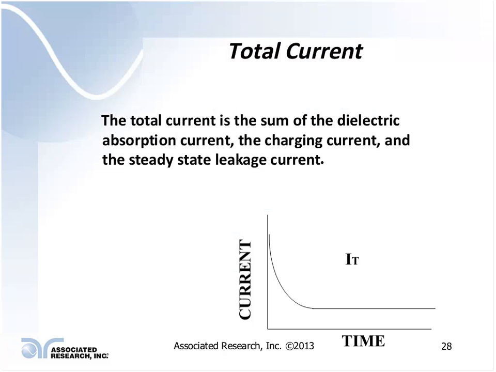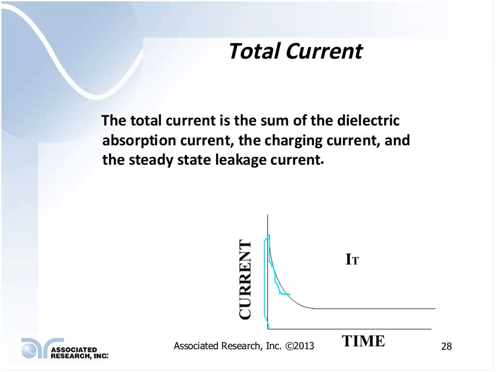So when you apply a potential across an insulating material and you charge up that capacitance, you see an inrush of current that is quite high at first because that capacitor essentially looks like a short circuit, and once you stop increasing your voltage, you will see the current then start to decay as that capacitance actually charges up over time.